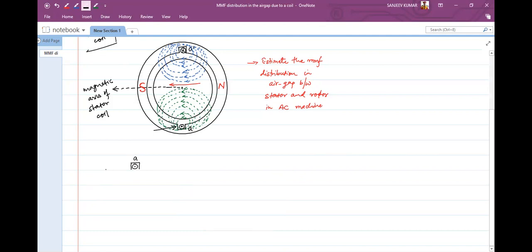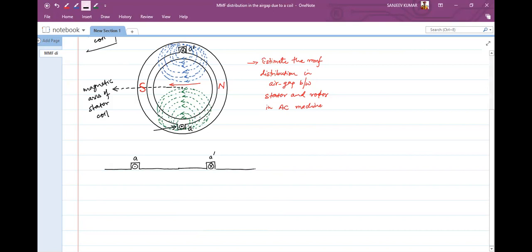This is your A. Okay. And this is the other part of the stator. And after A, if we move to any side, if we move towards A dash, either through N or through S, what we will get? We will get the A dash. This is your A dash.